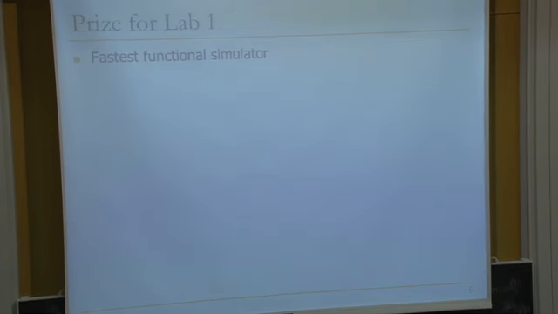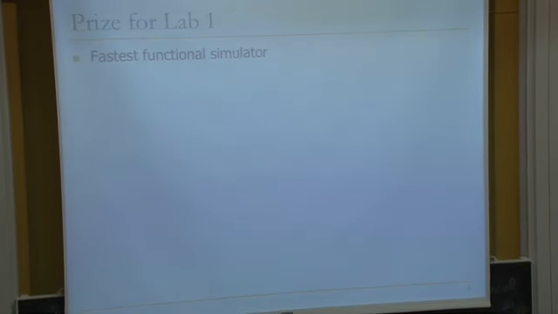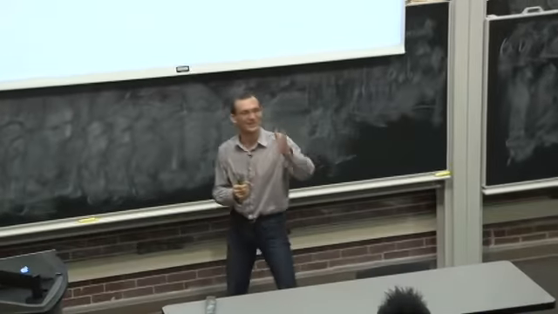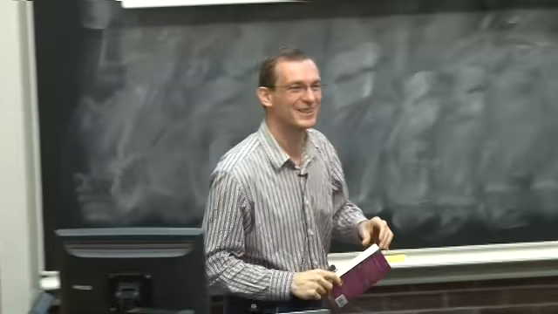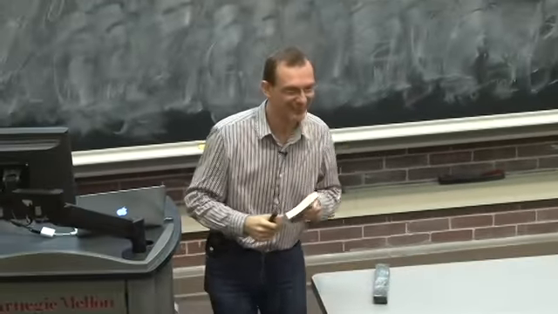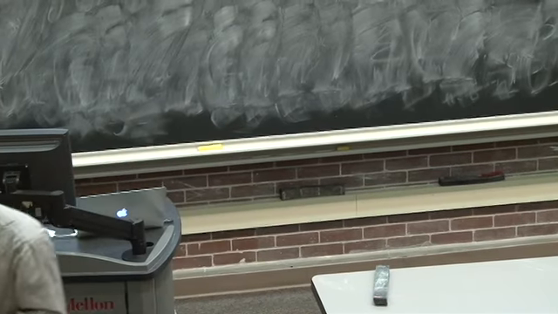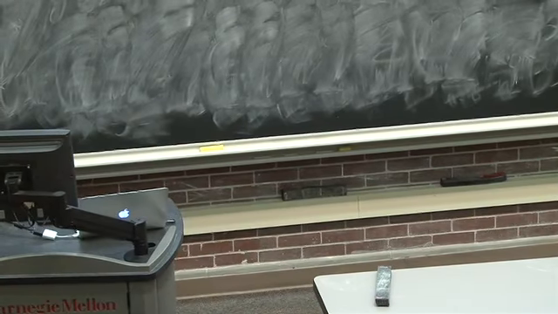Okay, so the prize for lab 1. Is Keon here? You did the fastest simulator, so you get a prize. I don't know if you like reading books, but this is a great book.